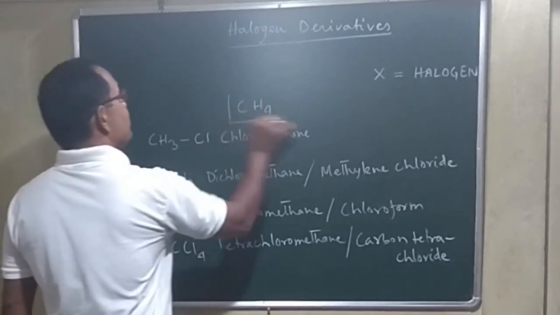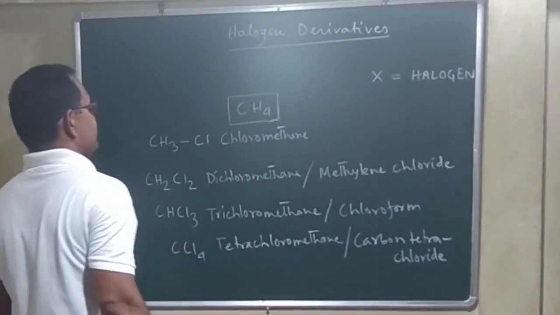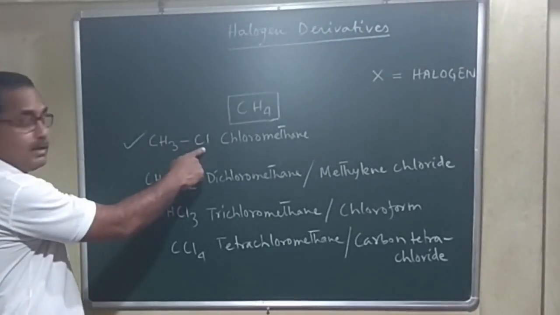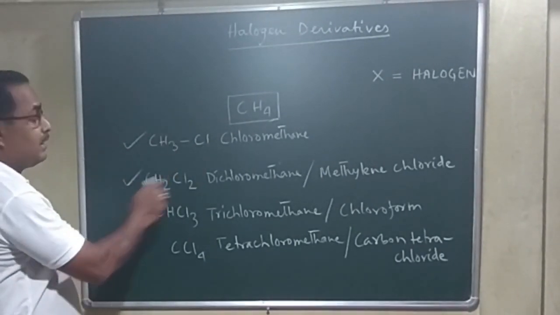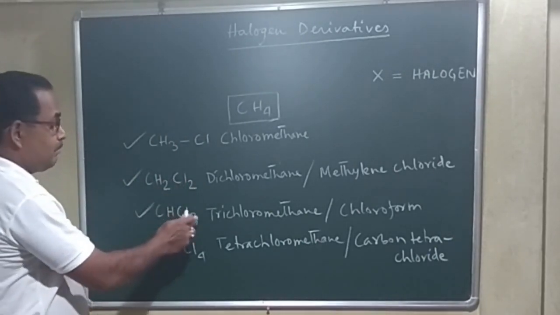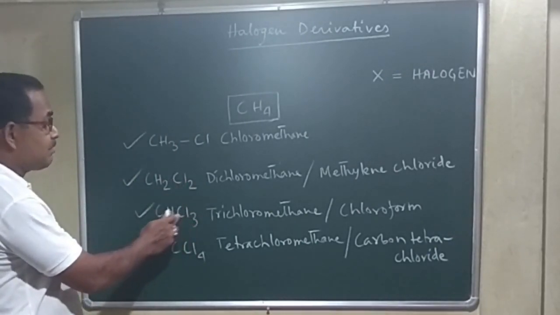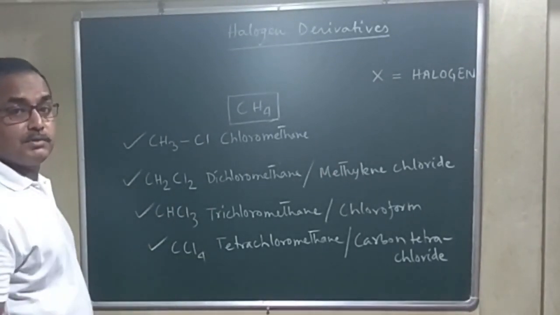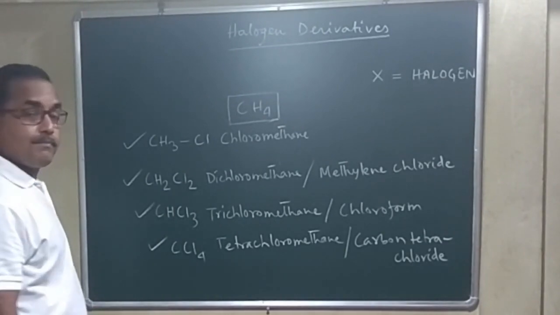So starting from methane, we may have chloromethane by replacing one hydrogen by chlorine, dichloromethane by replacing two hydrogens by chlorine, trichloromethane by replacing three hydrogens by chlorine, and tetrachloromethane by replacing all the four hydrogens by chlorine.